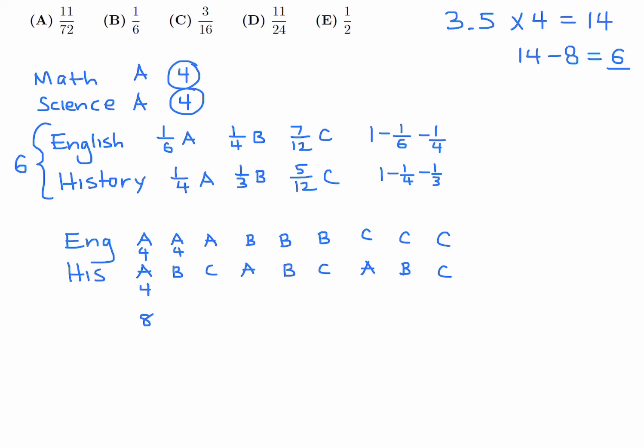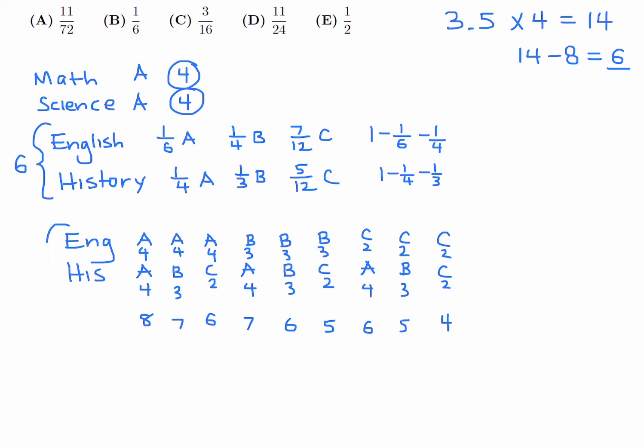This will be 4 and 3, that's 7. This will be 4 and 2, that is 6. Right? This is going to be 3 and 4, which is 7. This will be 3 and 3, which is 6. This is 3 and 2, which is 5. And this is 2 and 4, which is 6. This is 2 and 3, which is 5. And this is 2 and 2, which is 4.